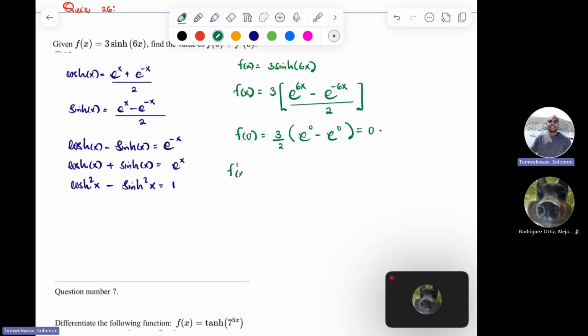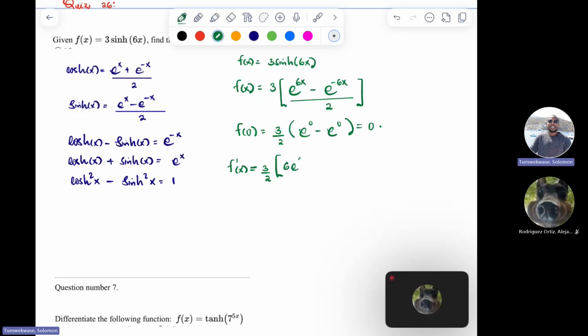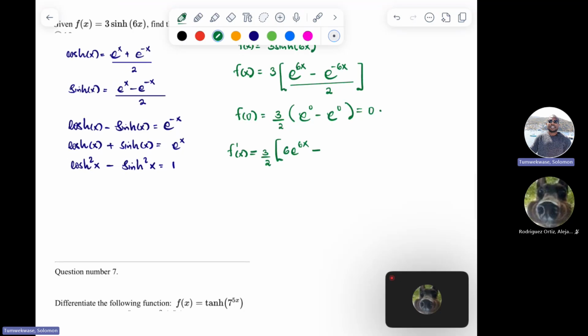Then I need to take the derivative of this function. 3 over 2 is a constant. When I take the derivative of e to the 6x, that is 6e to the 6x, then minus the derivative of e to the negative 6x, which is negative 6e to the negative 6x.